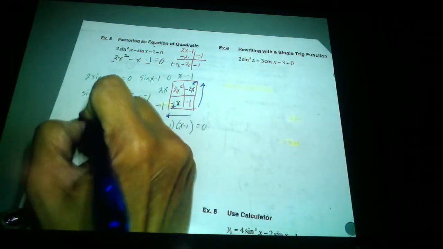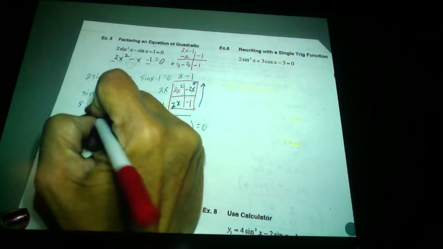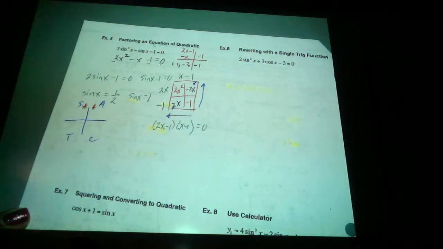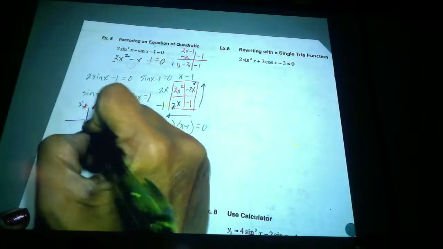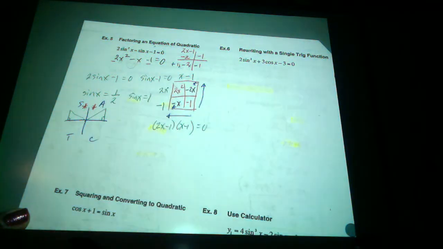So on this one, we're going to look at our coordinate grid. We're looking at where sine is positive. So, all students take calculus. Sine is positive in quadrants 1 and 2. So my reference triangles go in 1 and 2. My x is here.